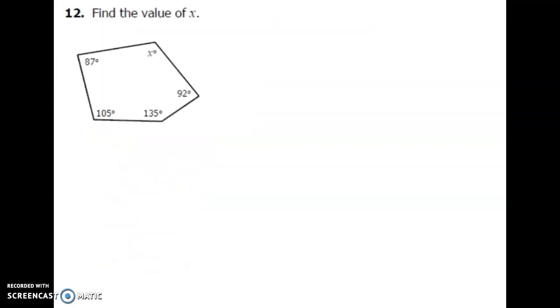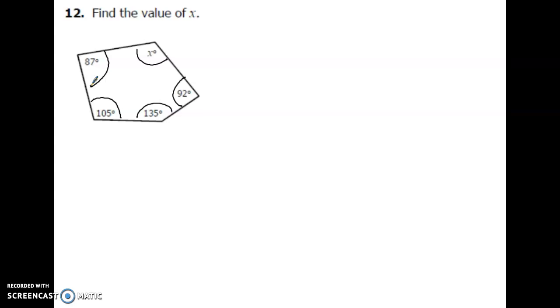Let's actually skip on over to number 12. It says find the value of S. So in this figure, we are given most of the angles. We're finding the one that is left over. First things first, notice they're all interior angles. So what I should be doing first is finding the sum, what they all are supposed to add up to.